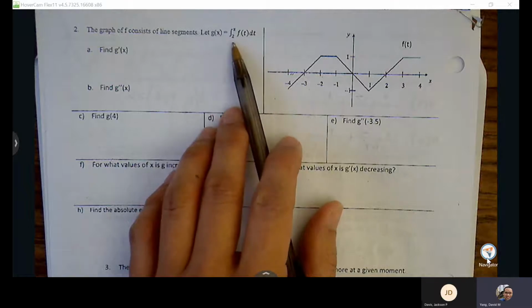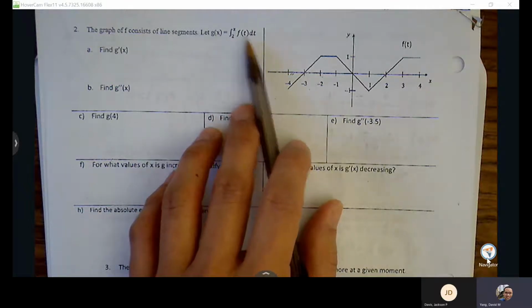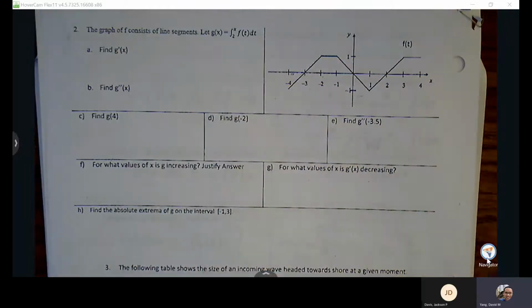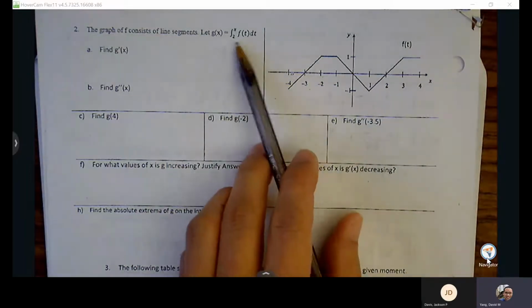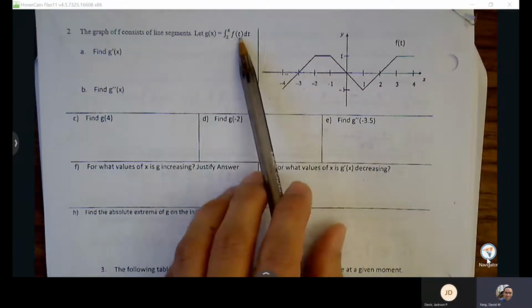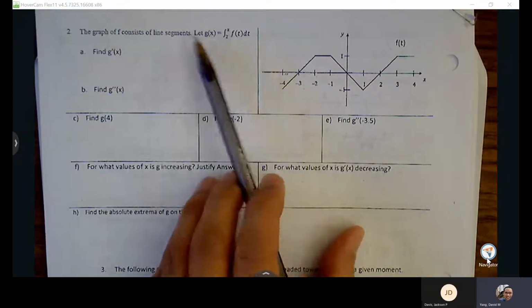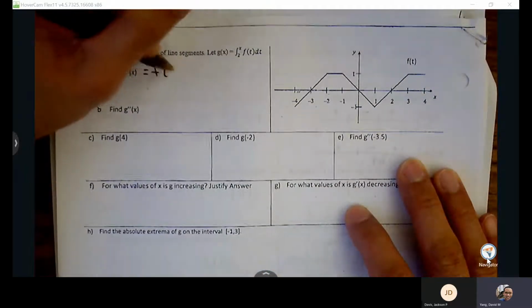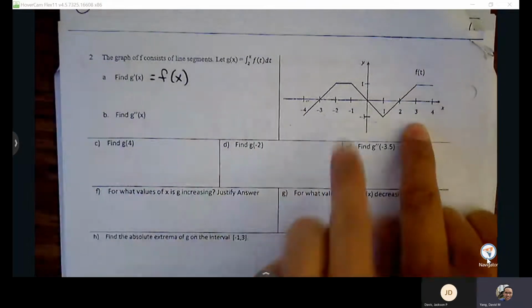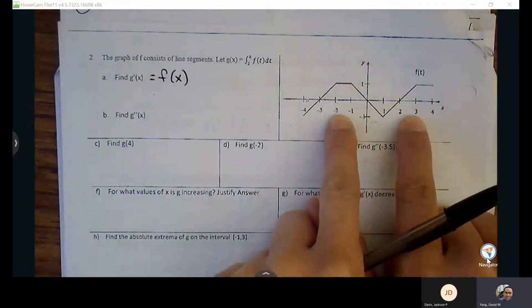G of x equals the antiderivative of f of t. Now that tells us that there's a specific relationship here, that f is really sitting at a level below g, because the integral of f is required to even make them at the same level, which tells us that f is really the derivative graph for g. So g prime is just equal to f of x. So you look at the f graph, but you're also understanding that this is your derivative graph for g. This is your g prime graph.